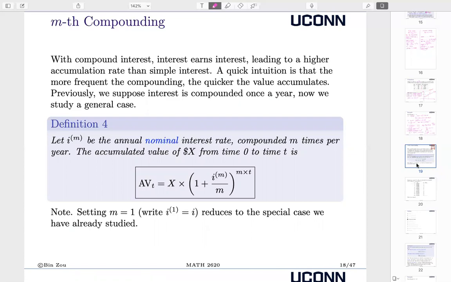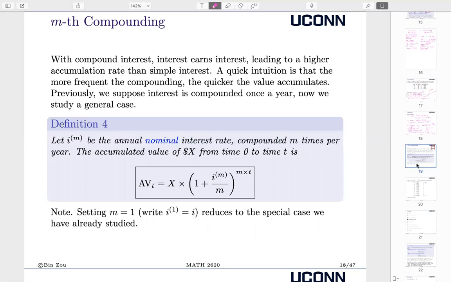Remember, in the first part of this video, I asked you to check on the simple interest rate. Now there's something slightly similar, but also different. Let's take a look at this definition.